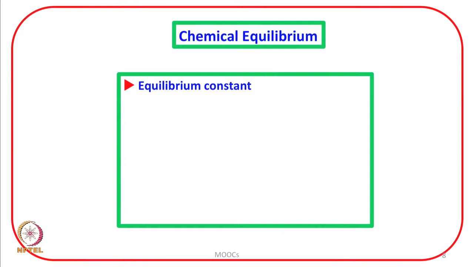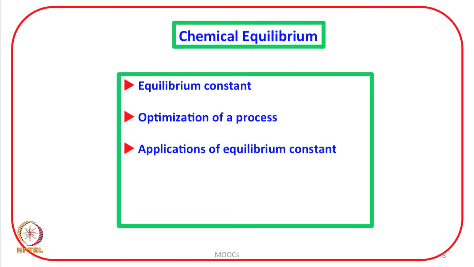We went on discussing chemical equilibrium constant, which is very important in discussing the optimization of a process. And we further went on discussing the applications of equilibrium constant, its role in chemical and biological processes. Equilibrium constant is very important thermodynamic property, because equilibrium constant decides the yield in a reaction.